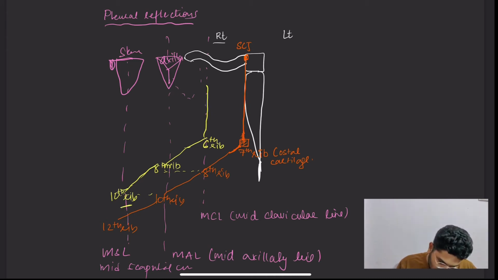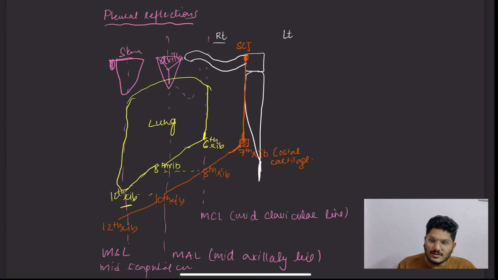These are the relations of the lung. The yellow shade represents lung relations and the orange shade represents pleural reflections.